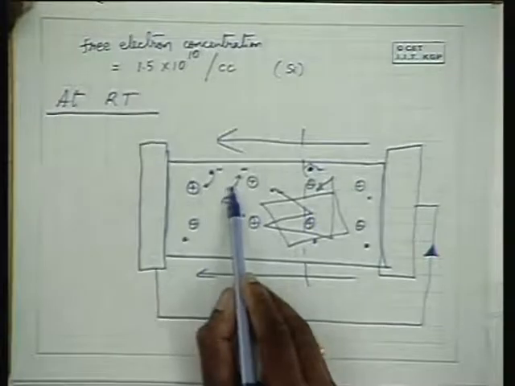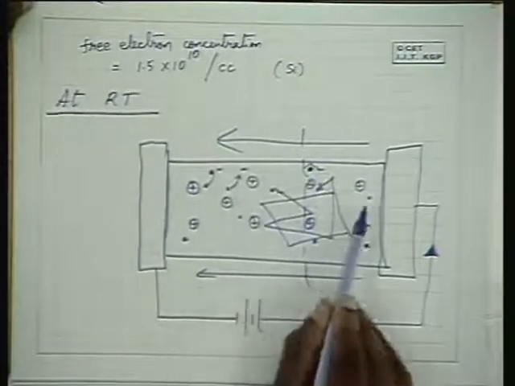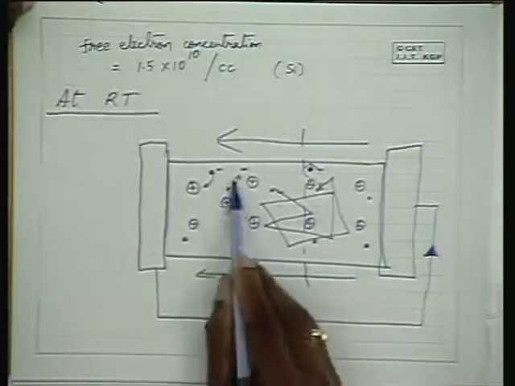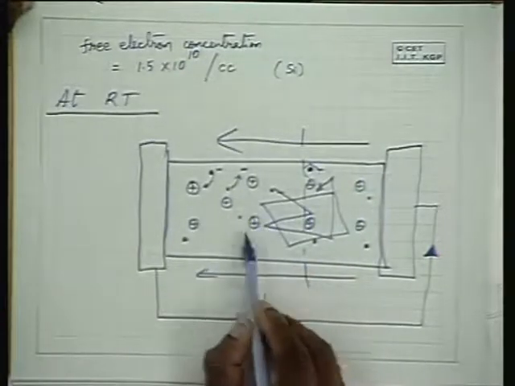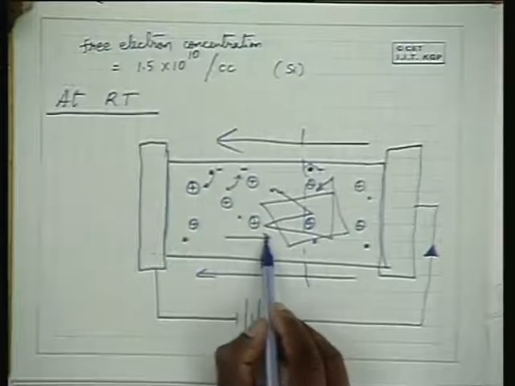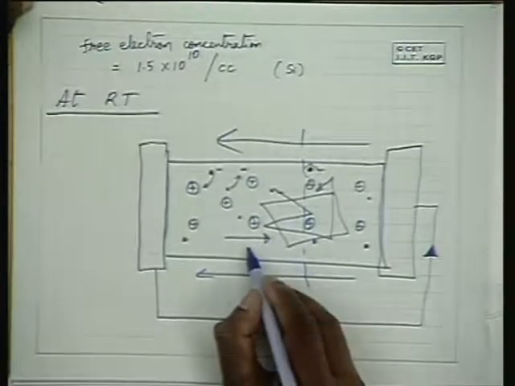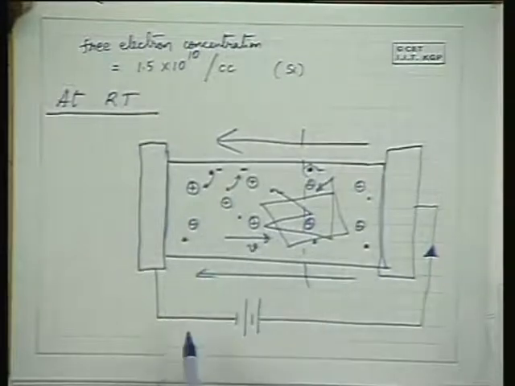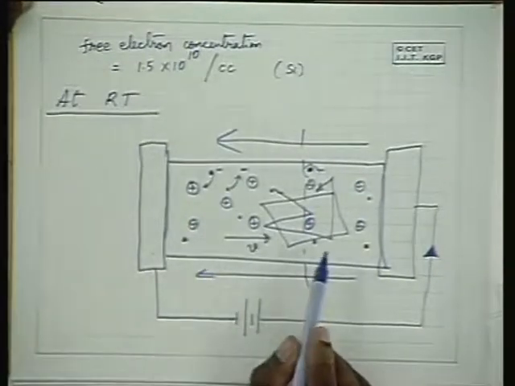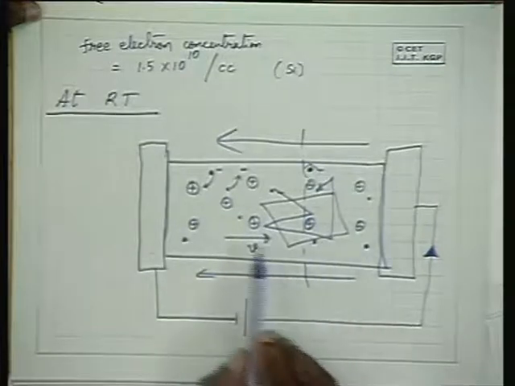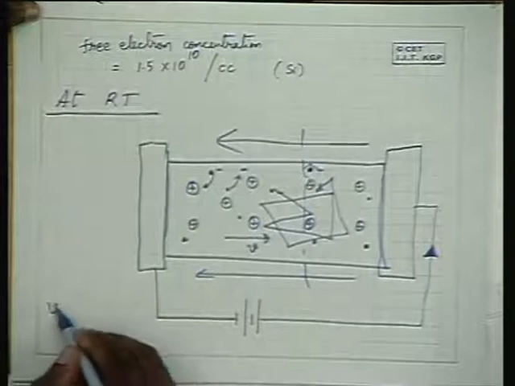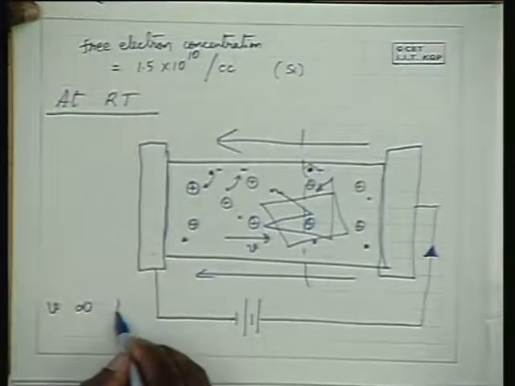But in the case of a semiconductor, since there are obstructions here and a variable field as these electrons move, they do possess a net limiting velocity. So the velocity would be constant irrespective of the field. Under constant field, the velocity becomes constant, and the velocity is proportional to the applied field.